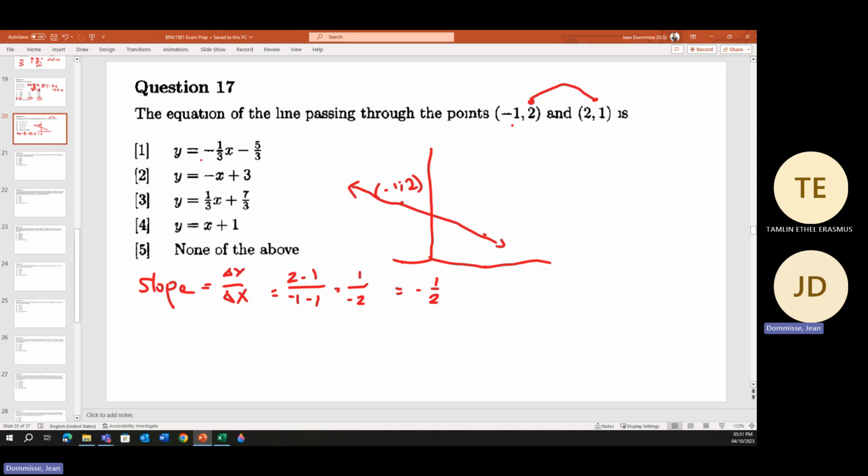Okay, so we can check. Come on, did I now make another mistake? 2 minus 1. Ugh, easy how I make these mistakes today. Sorry, so -1 minus 2, which gives us -3, so minus a third.